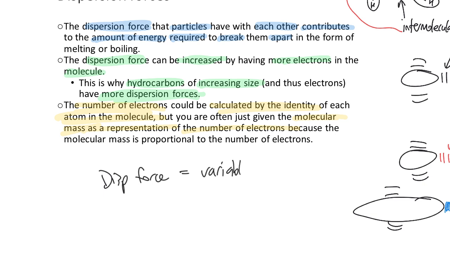A lot of people you'll hear saying that dispersion forces are weak, but they're not. They have variable strength based on the number of electrons, okay? And so you need to take into account how many electrons before you can say that the dispersion force is weak. If it's got a very small amount of electrons, then you can say that the dispersion force is weak, but if it's larger, then you have to take that into account, okay?